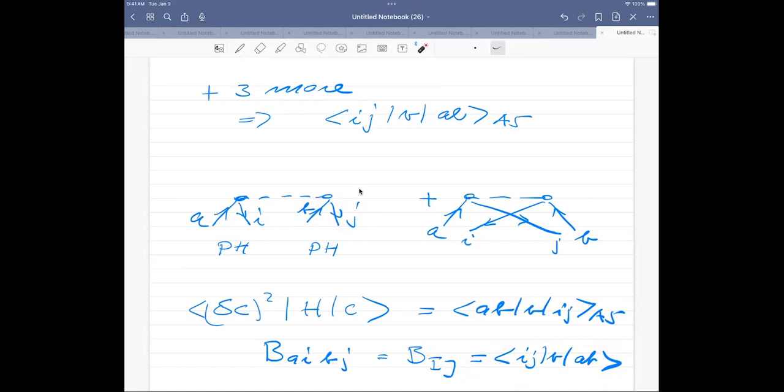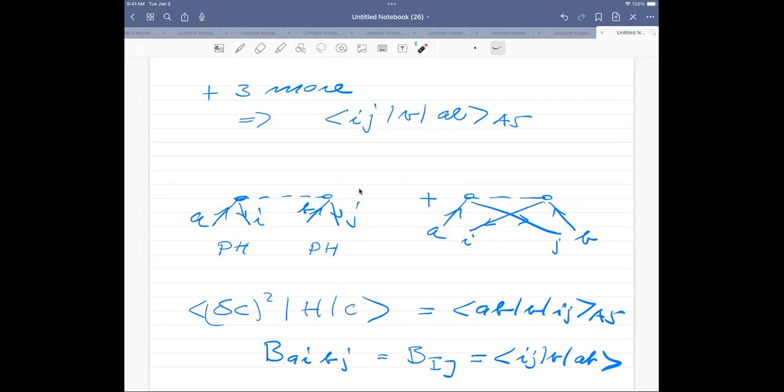So sometimes it's easier to see things diagrammatically, because diagrammatically you have a vertex here where you have a particle-hole pair, and then another particle-hole pair here. And this is the same as saying that you have an incoming particle, which then gets destroyed, and you have a hole state coming out here. So that means that this particle here gets destroyed, and then you fill this hole state, I.